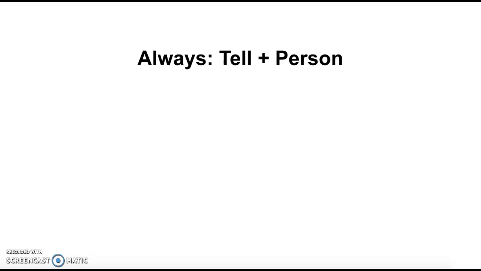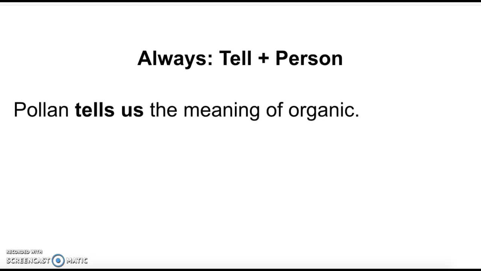When you use the word tell, either in the present tense, tell, or in the past tense, told, you always have to say tell someone. Tell him, tell her, tell us, told them, told your teacher. So Pollan tells us the meaning of organic.